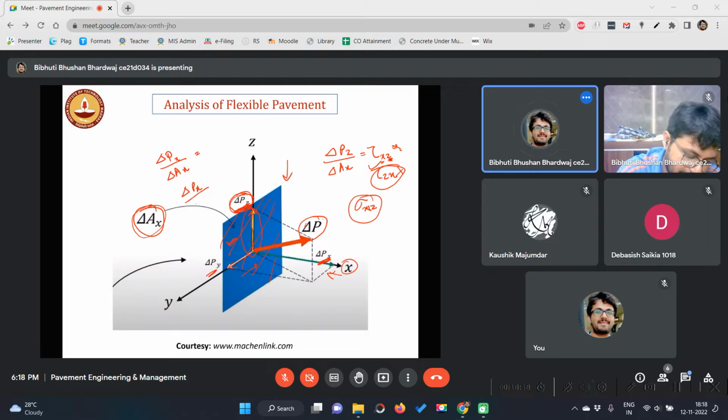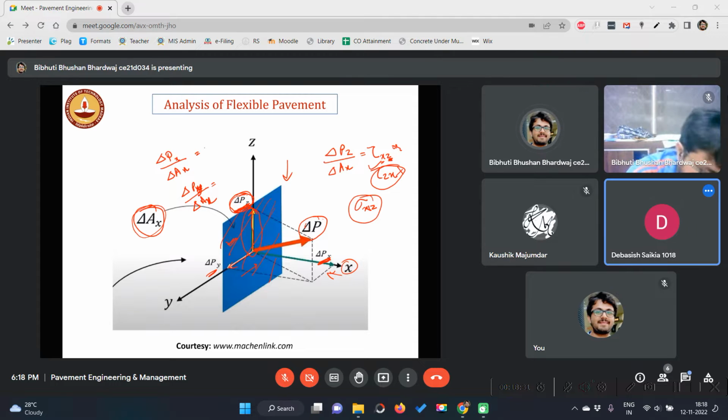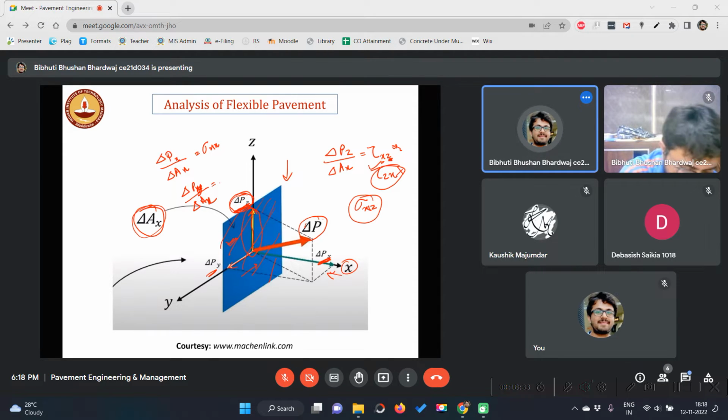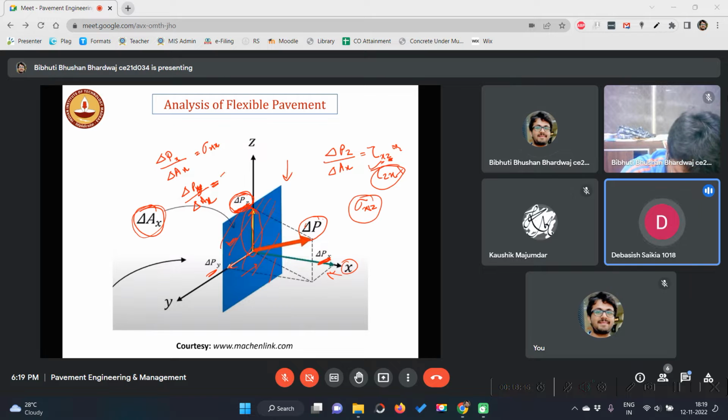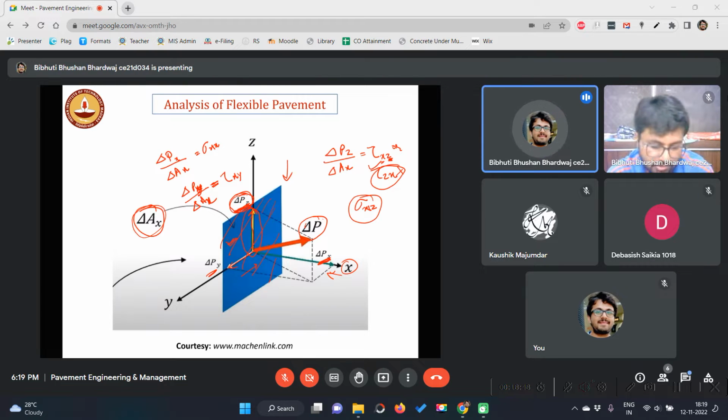Similarly, what will be delta Py by delta Ax? So sigma xx, very good. And this one? Tau xy, very good.